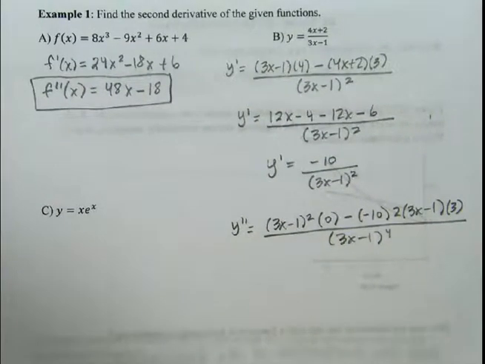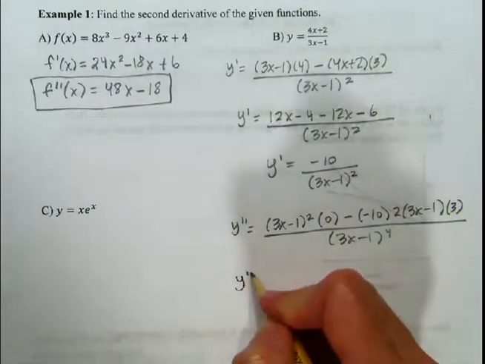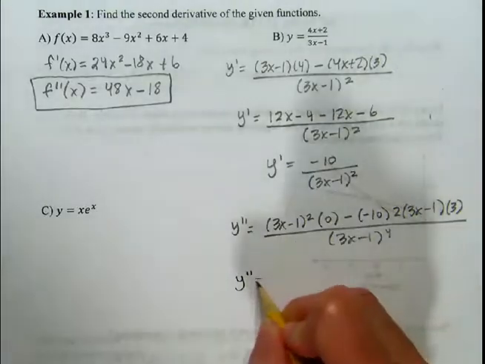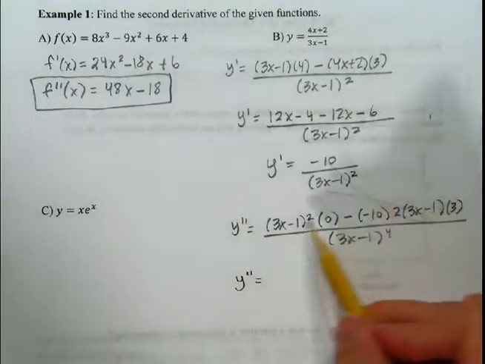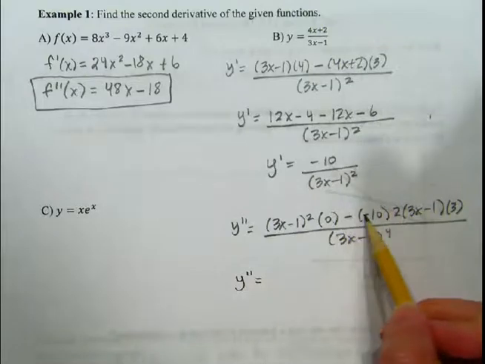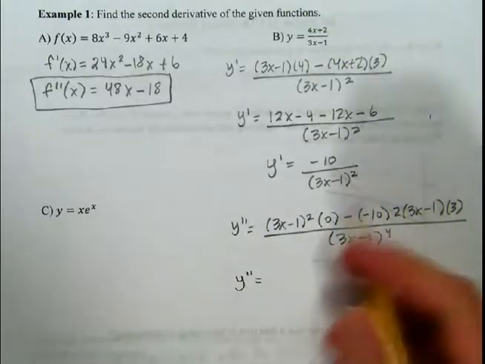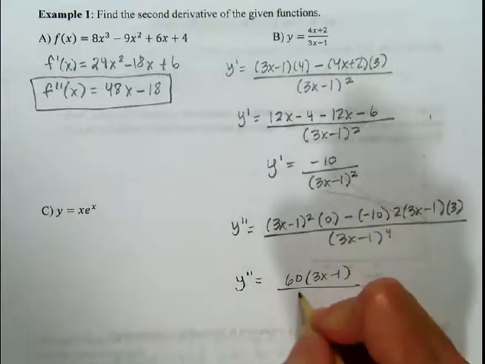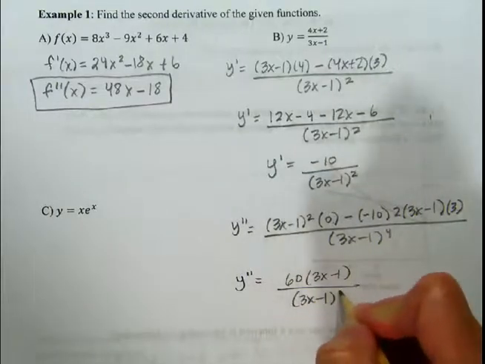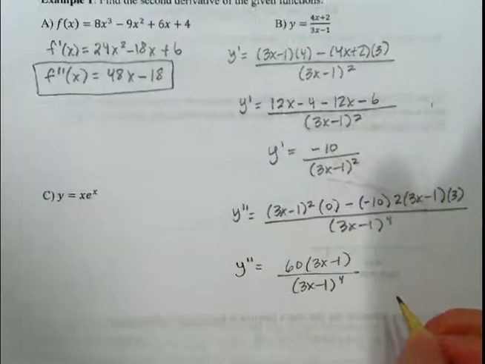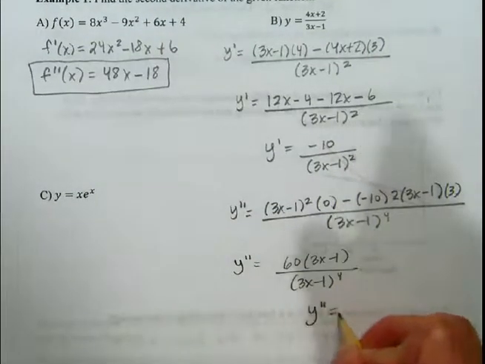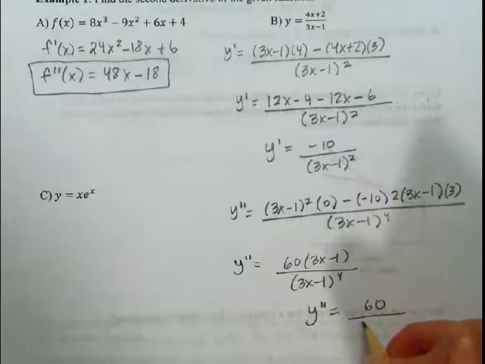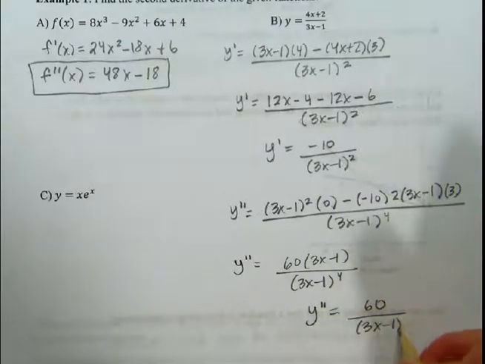Can you see that? Okay, so if we clean this up, oh wow, that goes to 0. So negative negative makes it positive. That's 60 times 3x minus 1 over 3x minus 1 to the fourth, which if we clean that up, gives me 60 over 3x minus 1 to the third power.